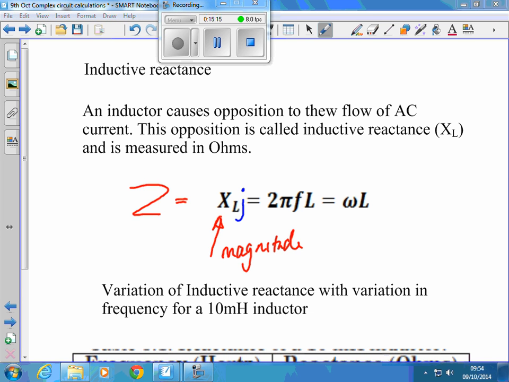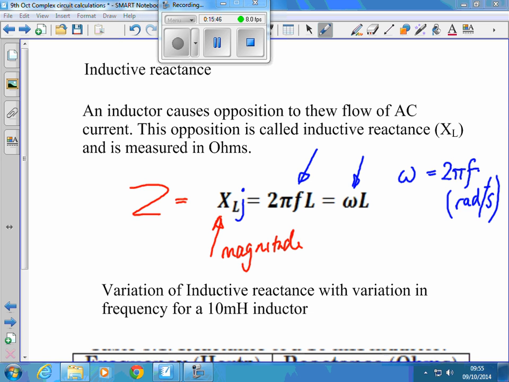You can calculate XL in one of two ways: 2 pi times the frequency times the inductance, or omega times the inductance. Omega, whenever you see that in an electrical circuit, is always equal to 2 pi f, and its units are radians per second.